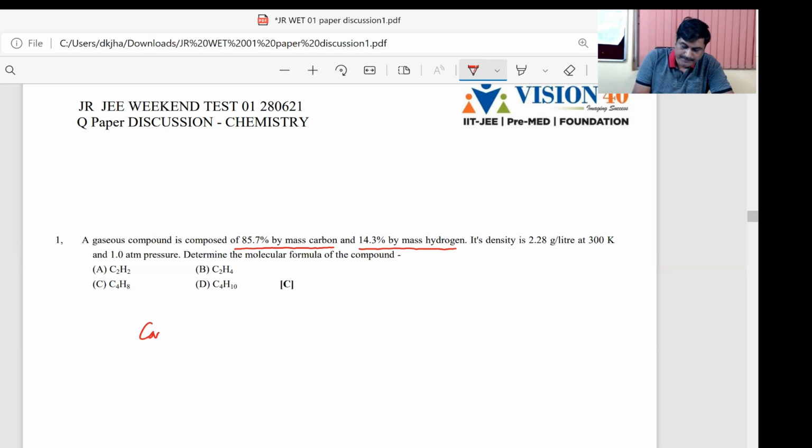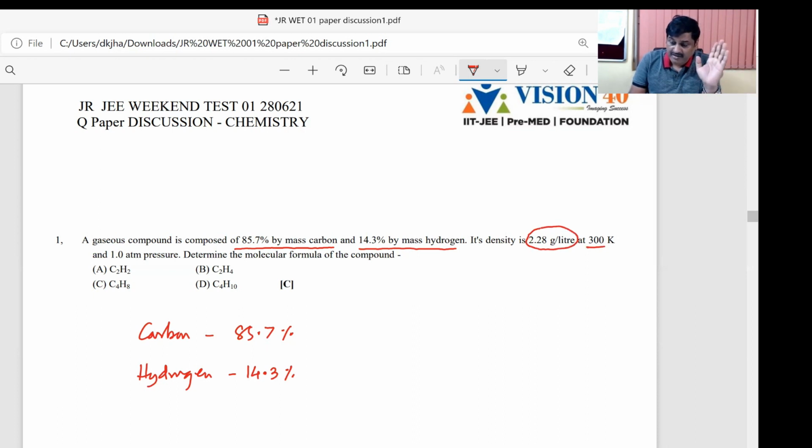So we take here the carbon 85.7%, and hydrogen is 14.3%. Let's read the question properly first. Its density is 2.28 gram per liter at 300 K and 1 atmospheric pressure.